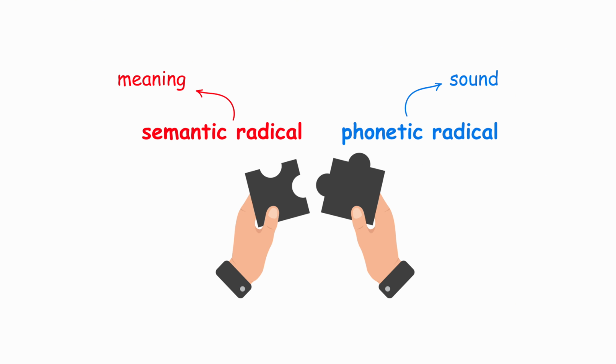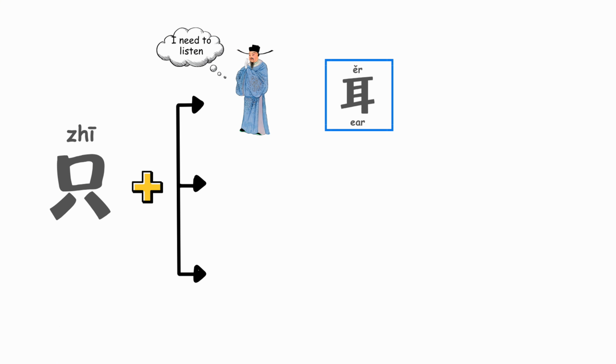Now some examples. Here is the character 知. Okay, in ancient China, officials' duty was to listen to people's opinions. So if we add the ear radical, then this word becomes 职. 职 means duty.